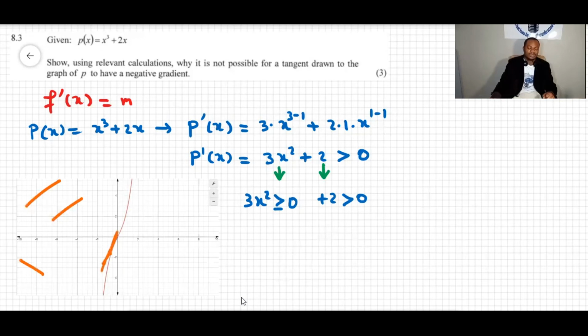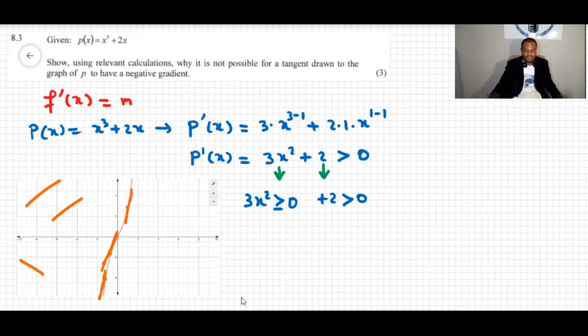Tangent means touching the graph at exactly one point. Okay, regardless of wherever we draw the tangent, it will always be an increasing line, but not a decreasing line. Even if it's here, it will always be an increasing line, but never a decreasing line.